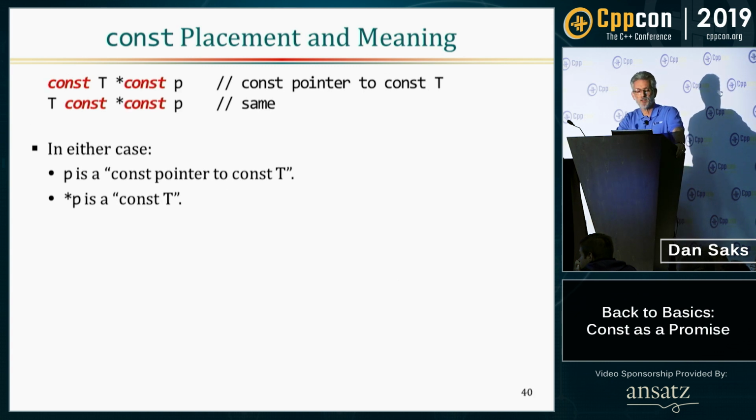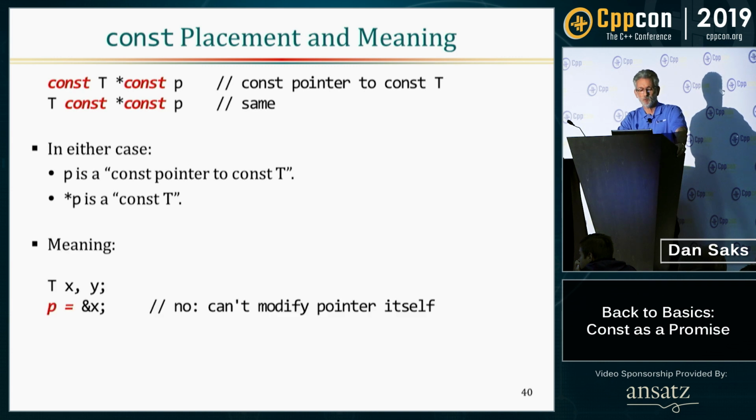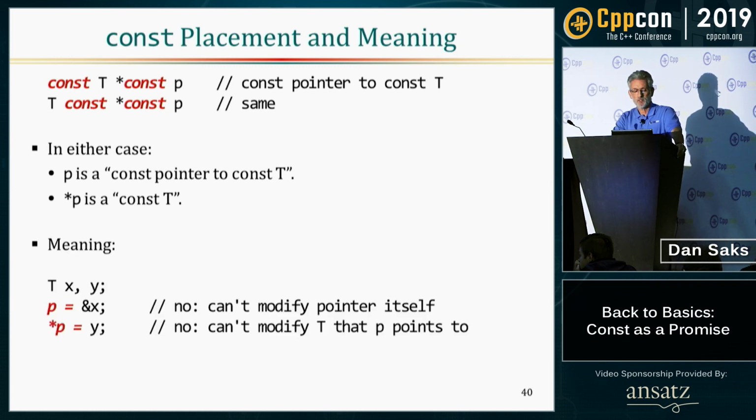And then finally we have this one. You can have that p is a constant pointer to a constant T. And it means that by itself, p is a constant pointer, and *p is a constant T, which means attempting to assign to either p or *p will be rejected by the compiler.